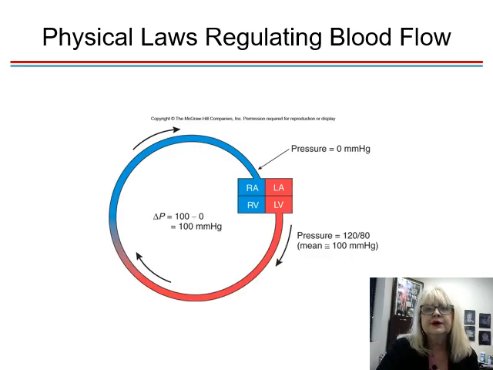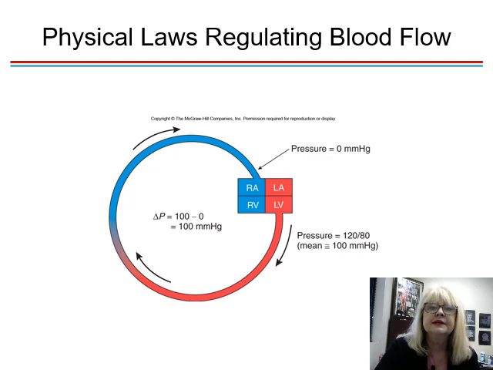So blood flow is produced by a pressure difference, and the flow of blood in the systemic circulation is ultimately dependent on the pressure difference between the mean pressure of about 100 millimeters of mercury at the origin of the flow in the aorta and the pressure at the end of the circuit, 0 millimeters of mercury in the vena cava, where it joins the right atrium.